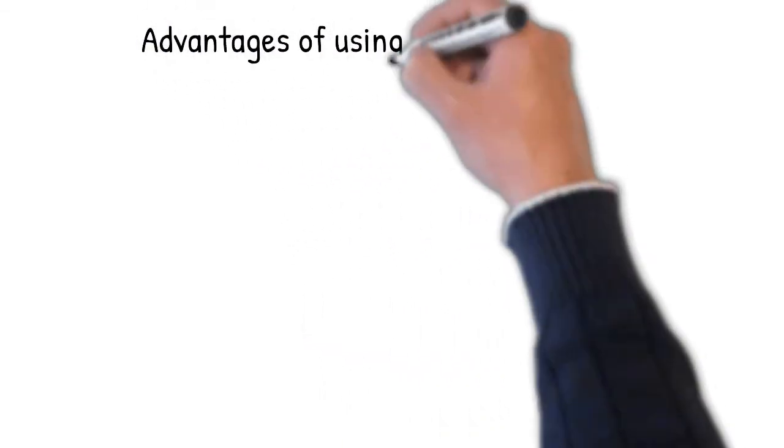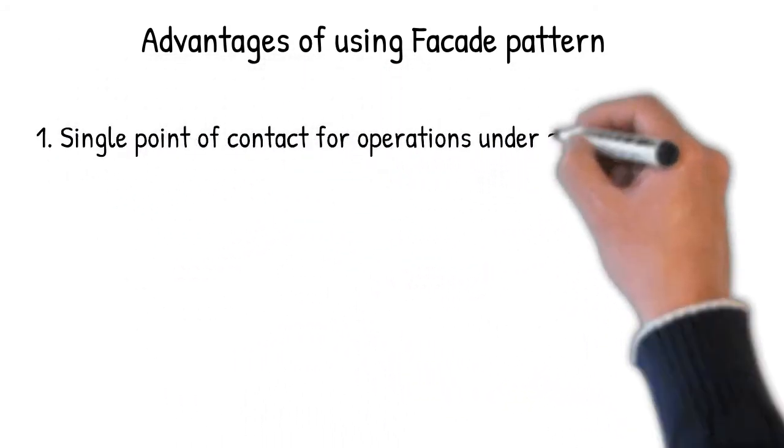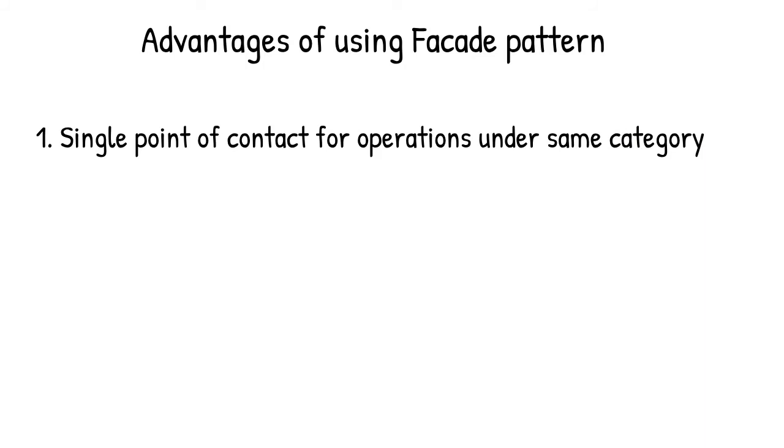I think we are doing good. Let's take a moment to note down all the advantages of the facade pattern. First, the facade pattern forms the single point of contact for the operations under the same category.